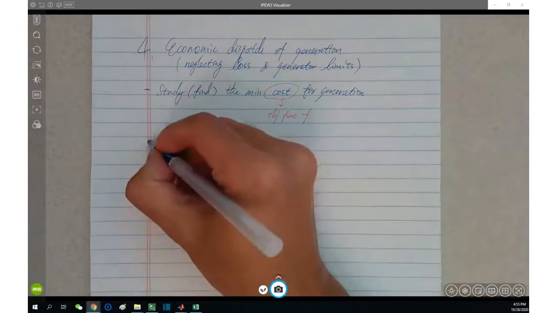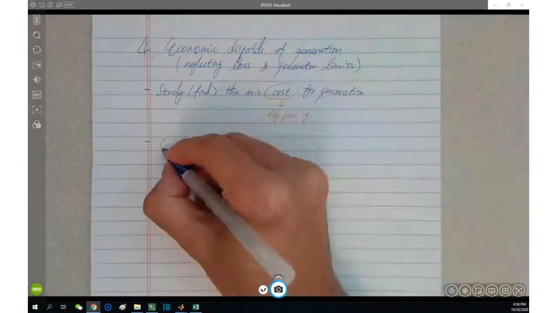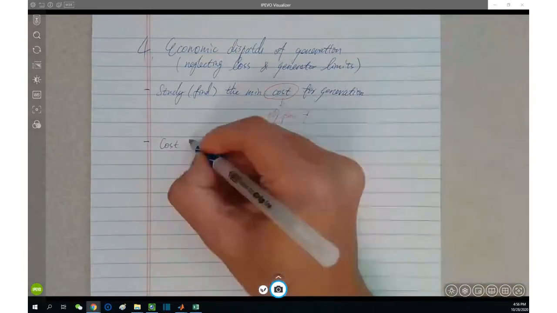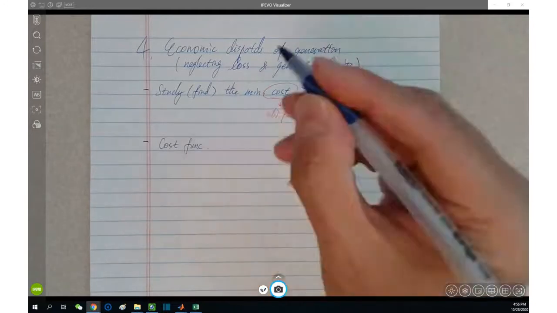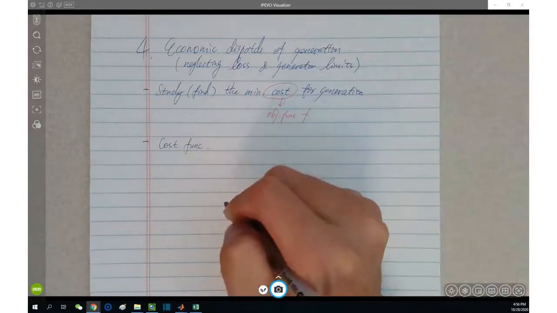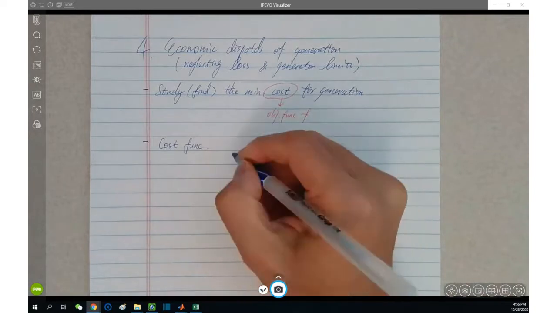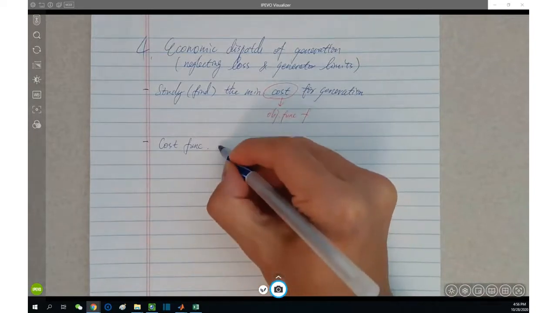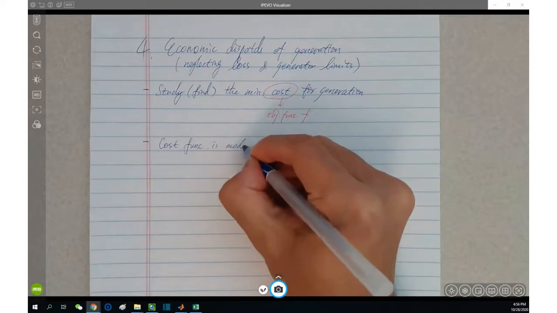Second, this objective function, or say the cost function, is modeled as this.